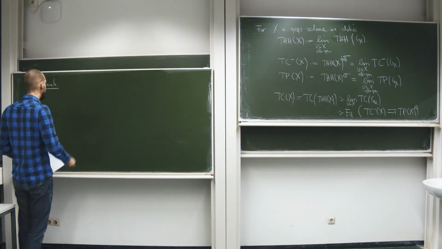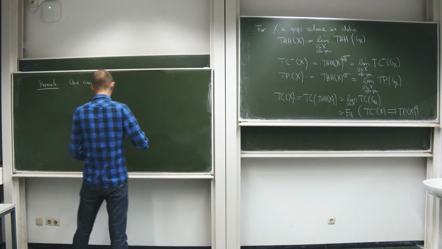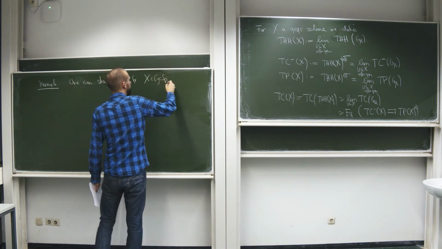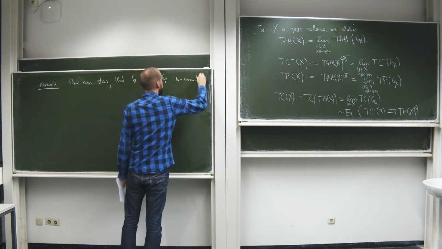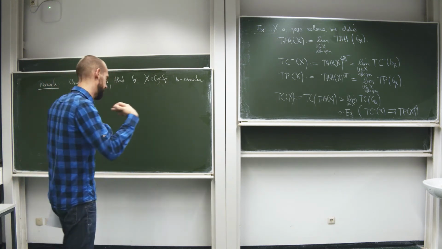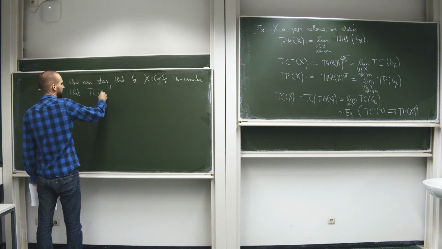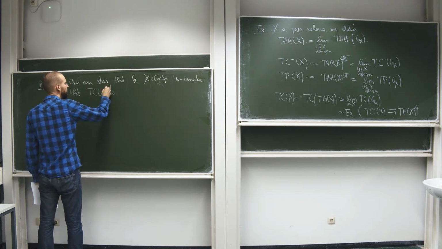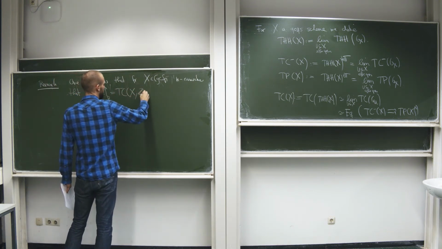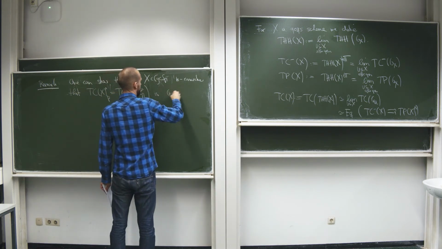The remark is that one can show that for X n-connective, meaning that the homotopy groups below degree n vanish, so pi_n is the first homotopy group and then possibly higher ones, that the p-completion of TC(X), which I will also denote TC(X) with a p-completion, where X is not a scheme here but a cyclotomic spectrum, is (n-1)-connective.